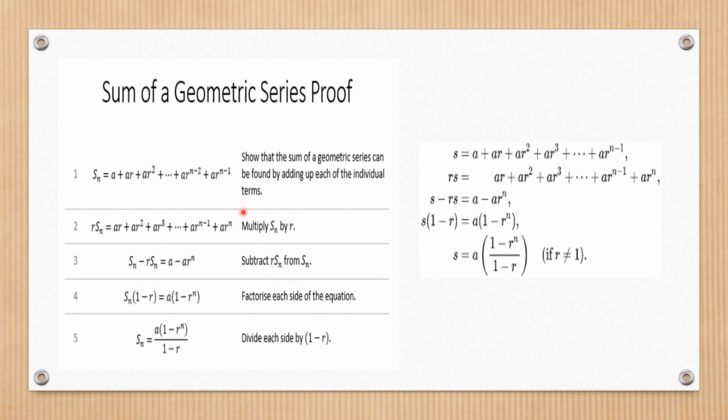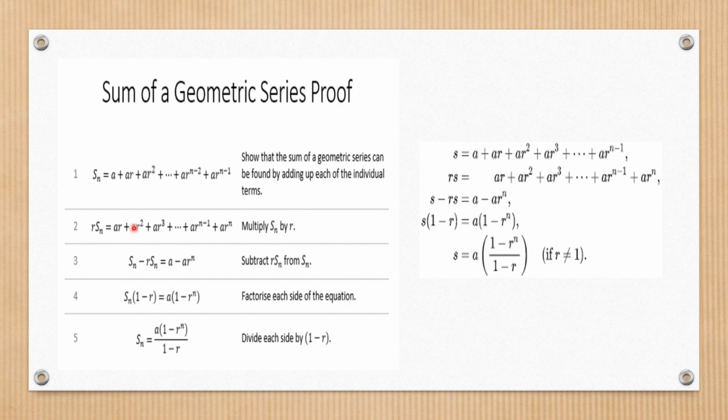It's clear? Okay. Now we will subtract, this 1 minus 2. So it becomes Sn minus R times Sn, and when I take the difference, the first term will be as it is, but the second will be subtracted. AR minus AR will be 0. Then this AR square will get cancelled.